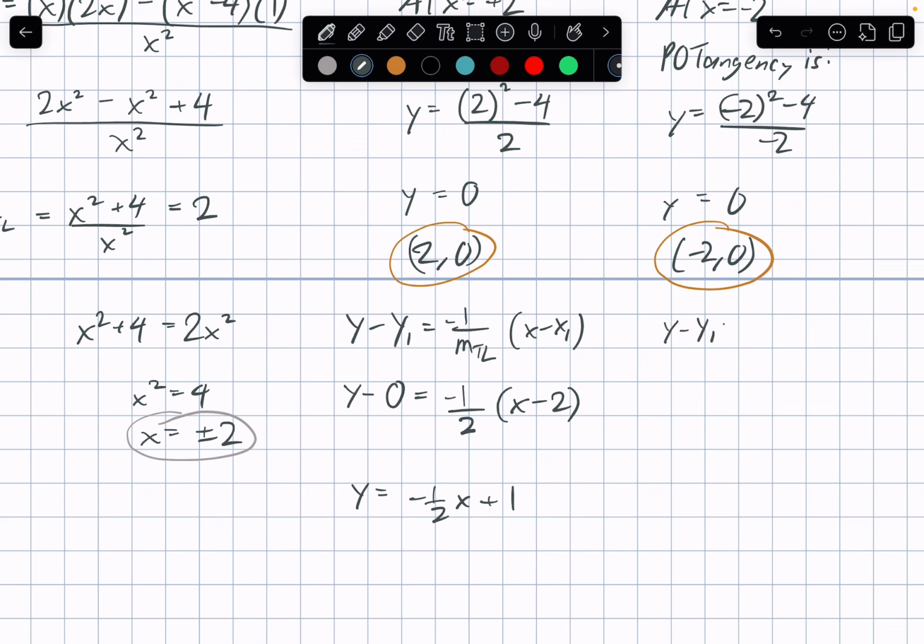For the other side, same thing. y is equal to -1/2 x minus 1.